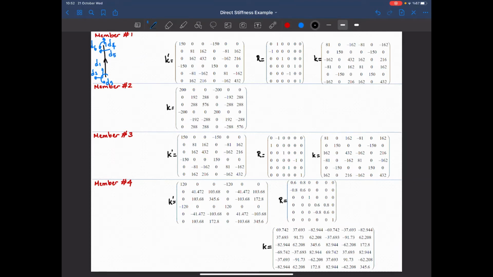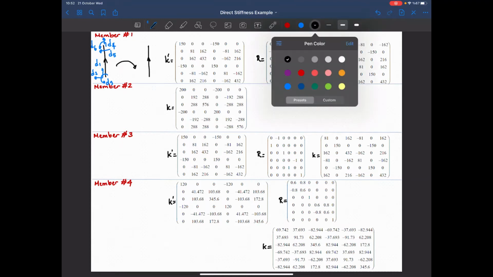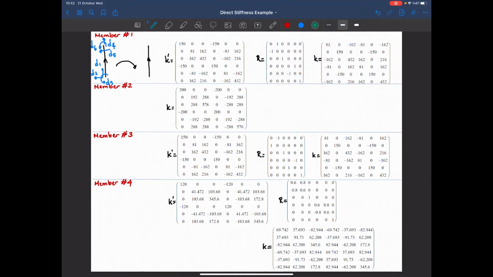So when we do transformation, we do the rotation, the degrees of freedom will be converted into the following. D1 will be in the global x direction.